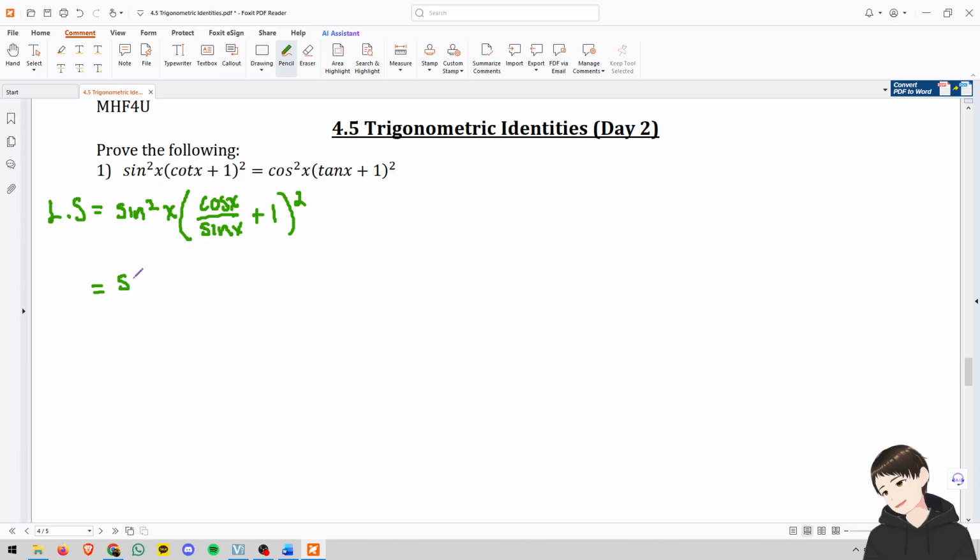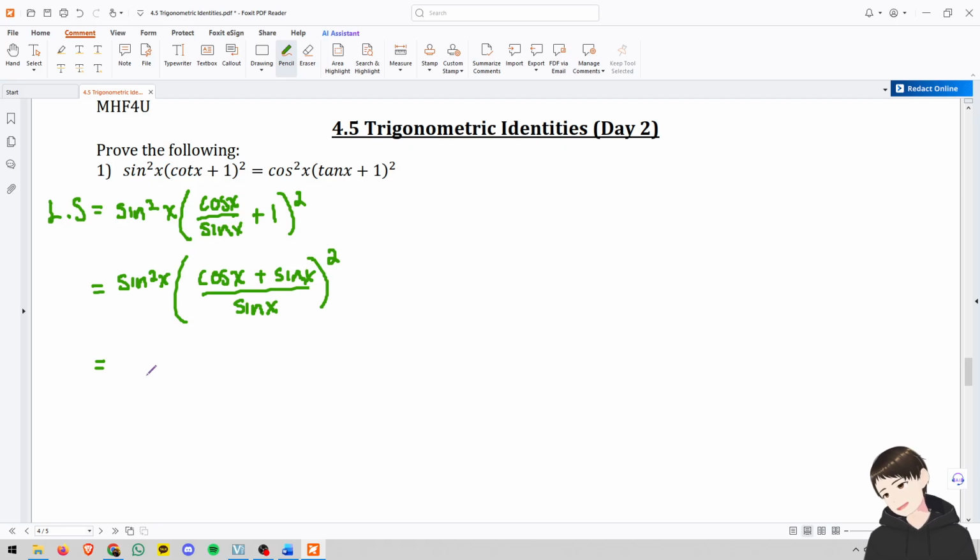Okay, so we have sine squared times (cos over sine plus sine over sine), so that the denominators are the same. So cos over sine plus sine over sine, I'm going to turn it into a single fraction. There it is.